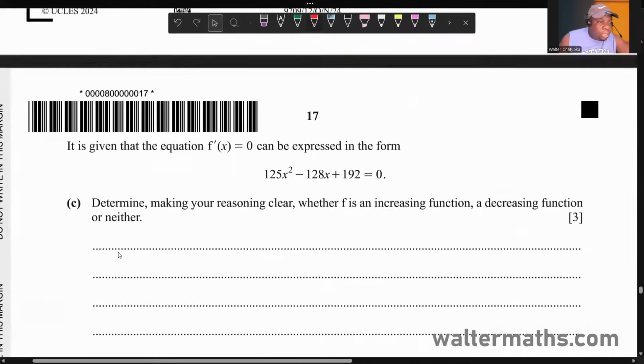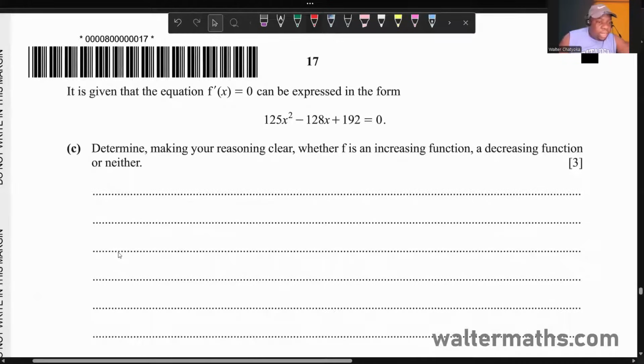Let's go on to the next part, which says it is given that the equation f prime of x equal to 0 can be expressed in the form 125x squared minus 128x plus 192 equal to 0. Determine, making your reasoning clear, whether f is an increasing function, a decreasing function, or neither.